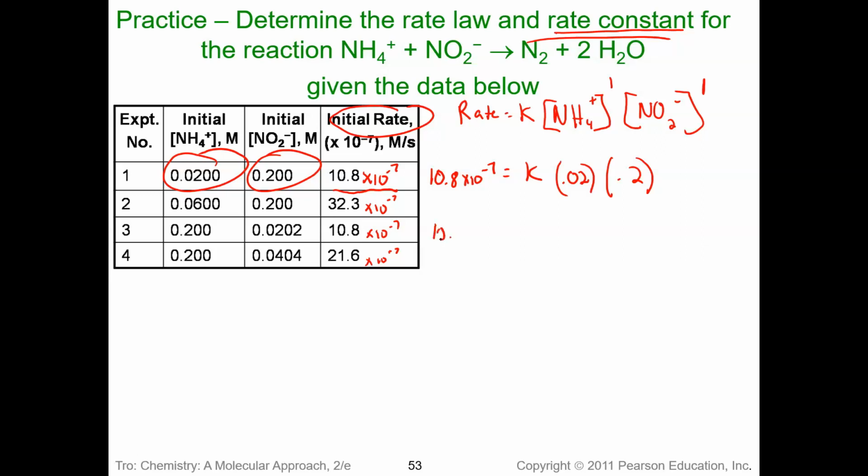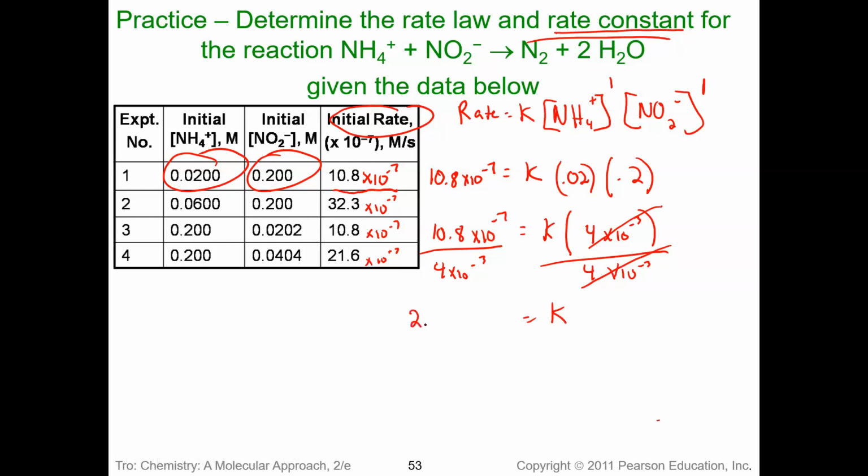So you end up with 10.8 times 10 to the negative 7 equals K times 4 times 10 to the negative 3. Divide by 4 times 10 to the negative 3, and you get, putting this in my calculator, K equals 2.7 times 10 to the negative 4.